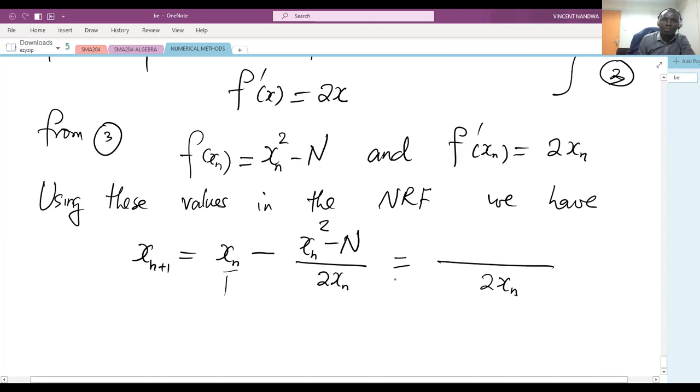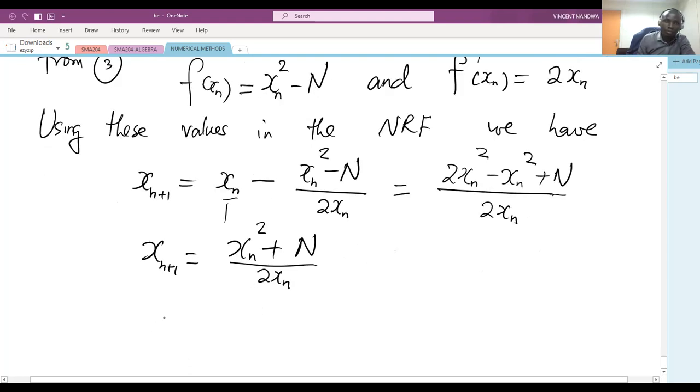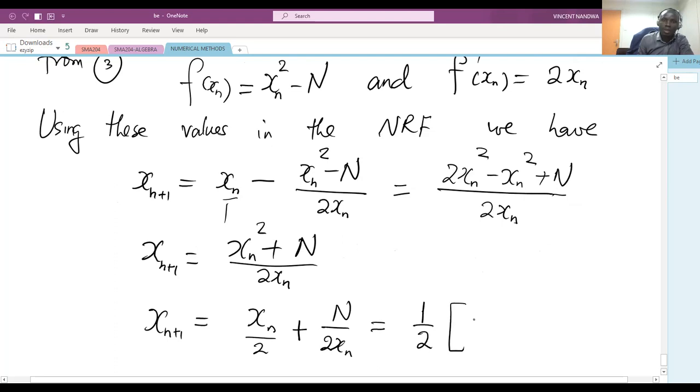So this would be 2xn squared minus xn squared plus n, over 2xn. So xn plus 1 equals xn squared plus n over 2xn. When you divide each term by xn, we have xn plus 1 equals xn over 2 plus n over 2xn. We can factor out a half, and we have a half into xn plus n over xn.